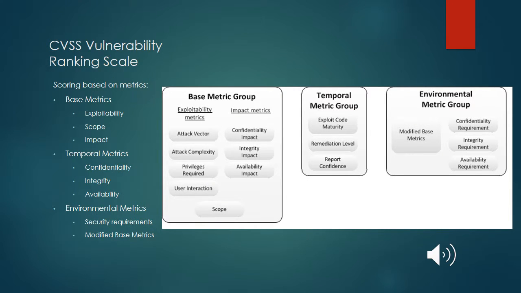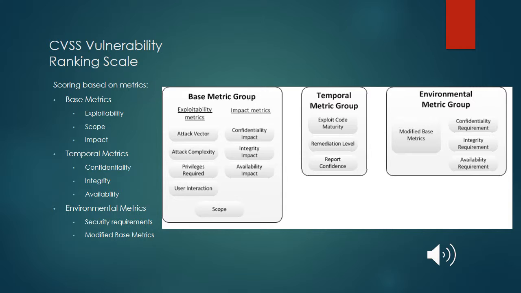The scale that was used to rank the severity of each vulnerability is known as the Common Vulnerability Scoring System. It is an open framework that communicates the characteristics and severity of software vulnerabilities. It consists of 3 metric groups: base, temporal, and environmental.